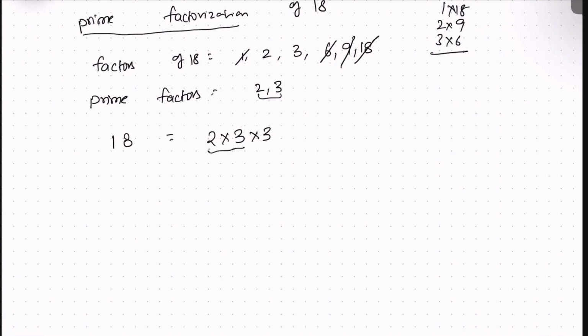Now 2 times 3 is 6, 6 times 3 is equal to 18. So this is the prime factorization of 18. Hope this is clear, right?